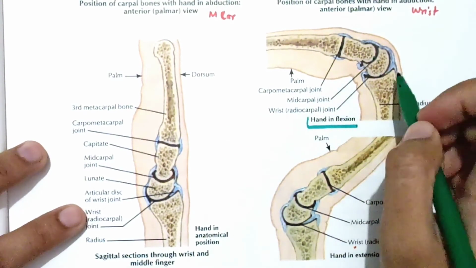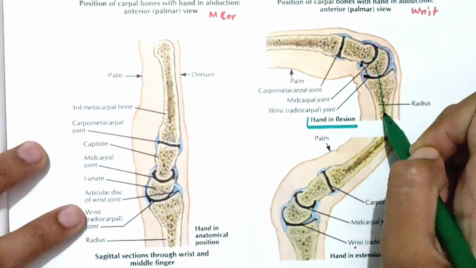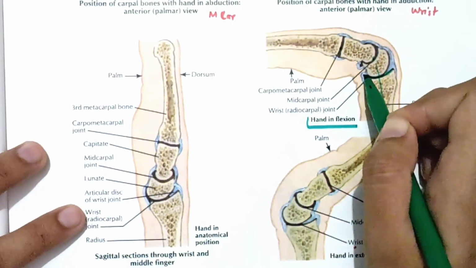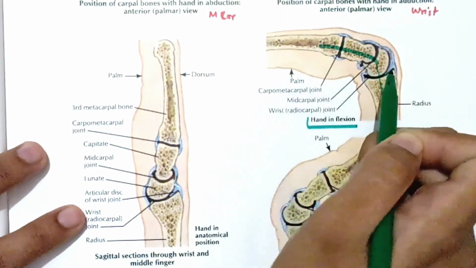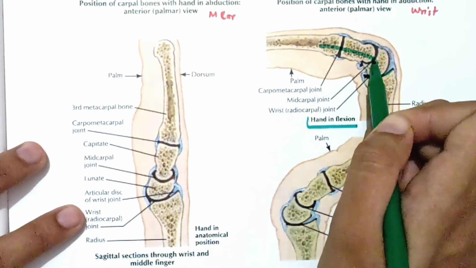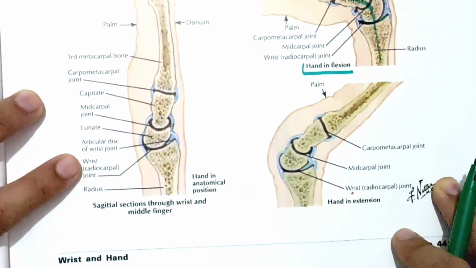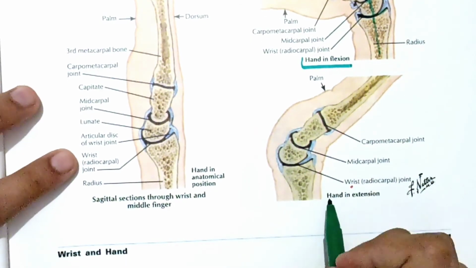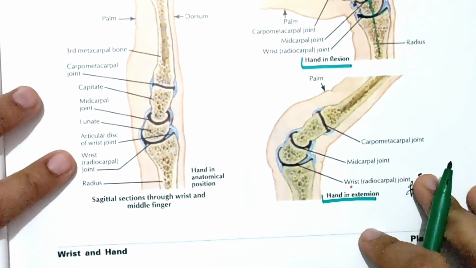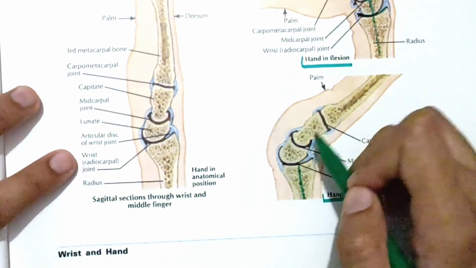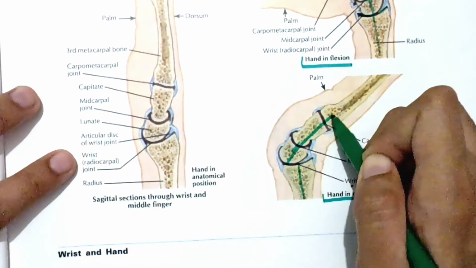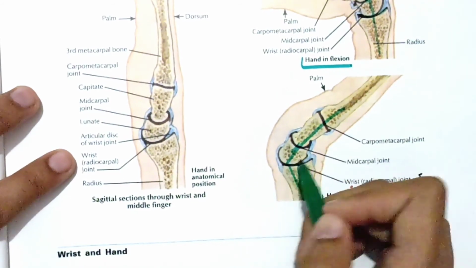You can clearly see this is straight, not much movement at the wrist, but the main movement of flexion is at this plane, at the mid-carpal. And then in the extension, you can clearly see the main movement is at the wrist joint. This plane is straight, but the movement is at this wrist joint.